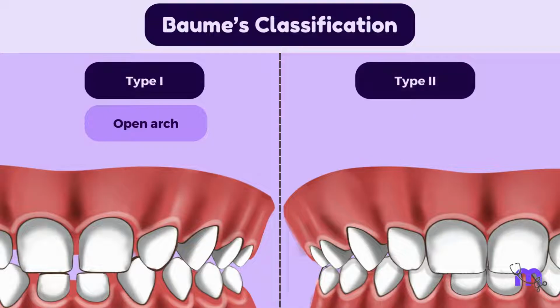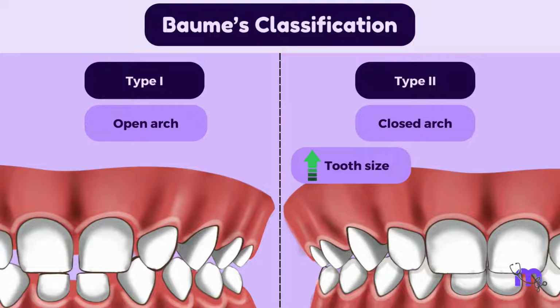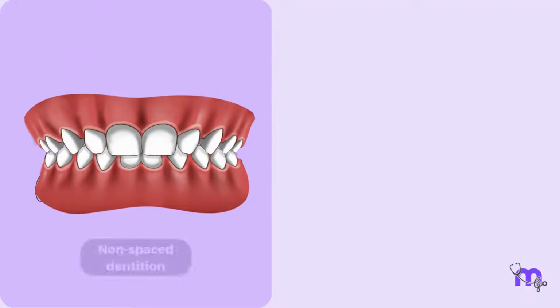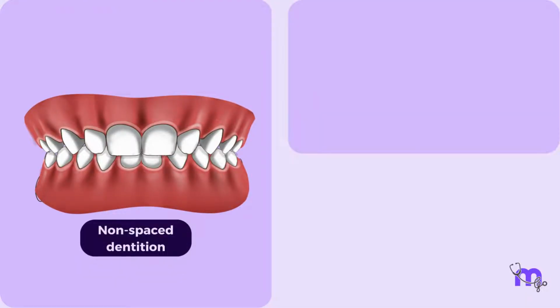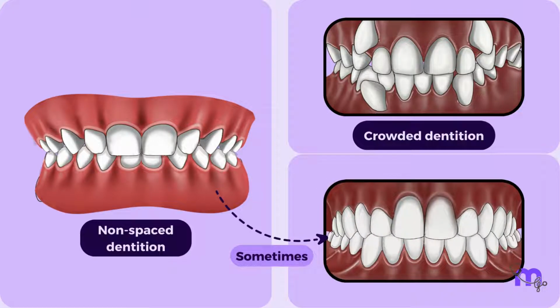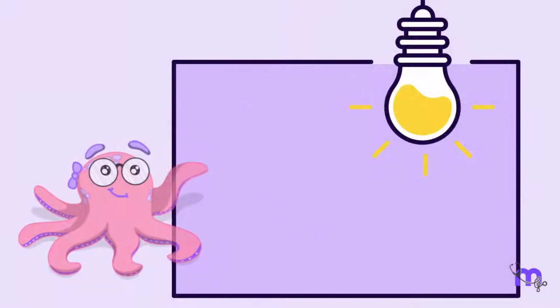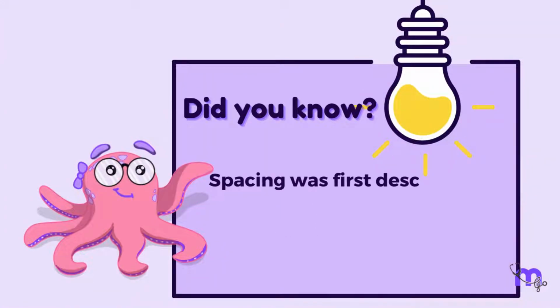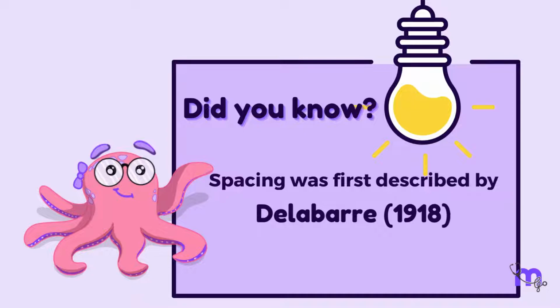Type 2 is the closed arch or non-spaced dentition caused by increased tooth size or decreased arch size. The presence of a non-spaced dentition is an indicator of crowded future permanent teeth. But in some cases, the arches grow and accommodate them. Did you know spacing was first described in 1918 by Delabere?